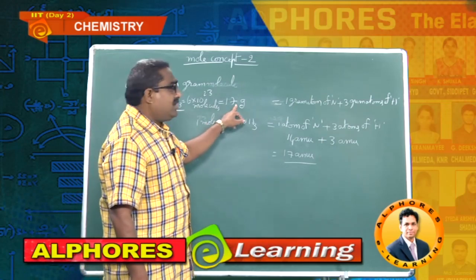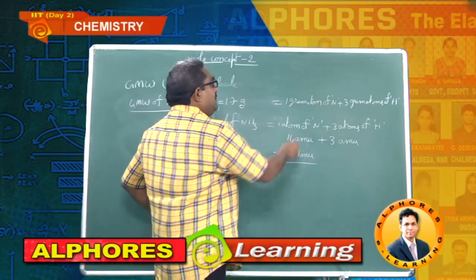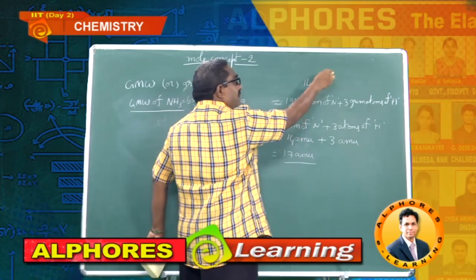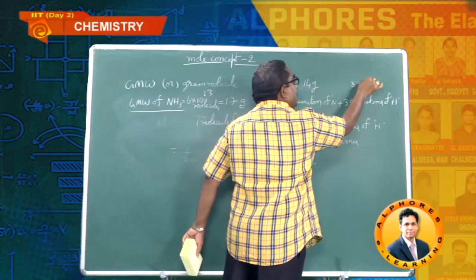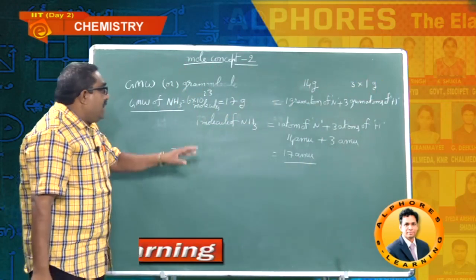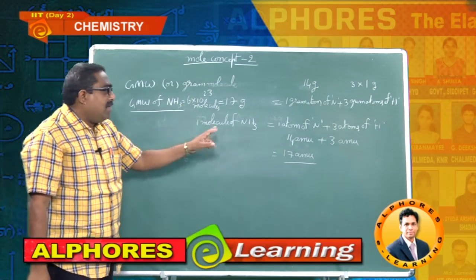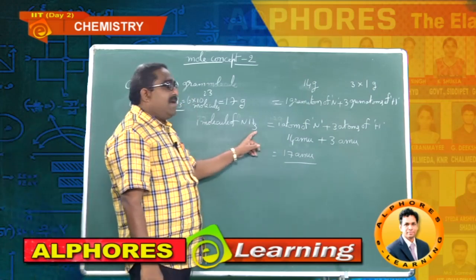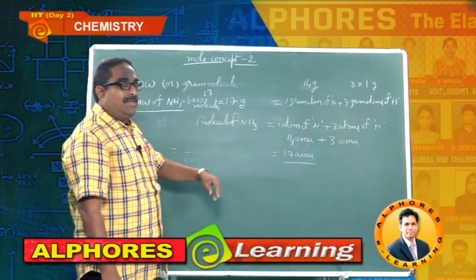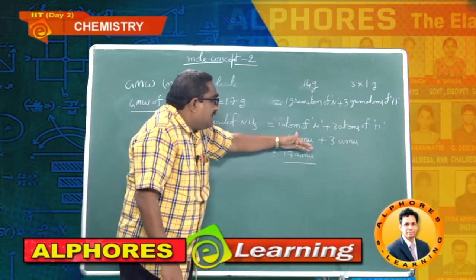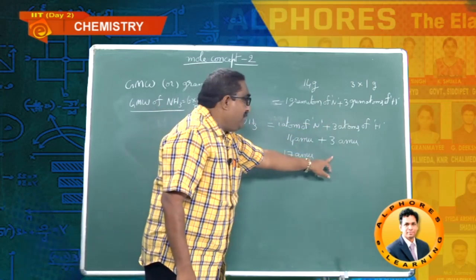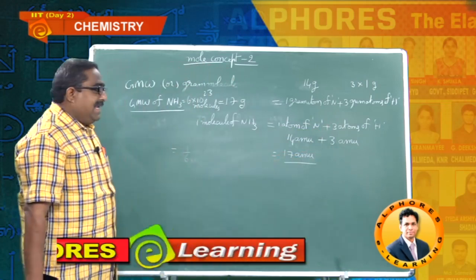So 17 grams is 1 gram atom of nitrogen, nothing but 14 grams, plus 3 gram atoms, that is 3 into 1 gram, total 17 grams. But now I have taken only 1 molecule of ammonia. So 1 molecule of ammonia contains, as we know very well, 1 atom of nitrogen and 3 atoms of hydrogen, and their respective masses for 1 atom are 14 AMU and 3 AMU, that is a total of 17 AMU.